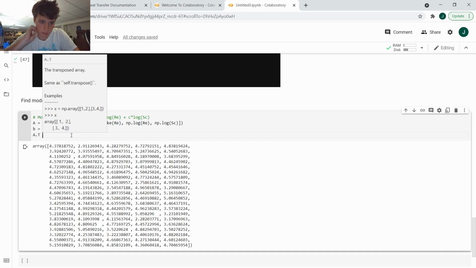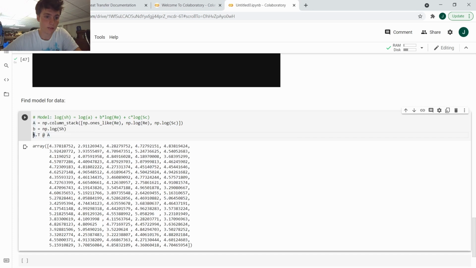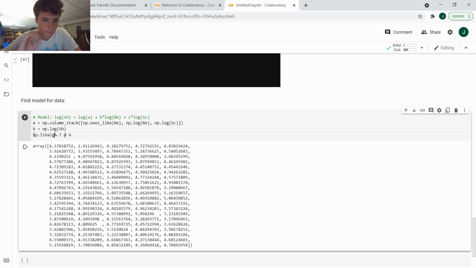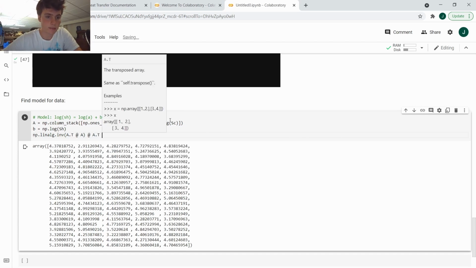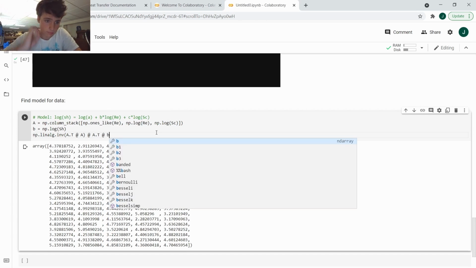That's the transpose of matrix A. When you do matrix multiplication, you use the at symbol, so @ A. But we want the inverse of whatever that matrix is, so we go to the linear algebra module in NumPy, and we do inv like that. And then we multiply that by our transpose matrix, which is then multiplied by the log of our Sherwood numbers. And we'll see what this is.